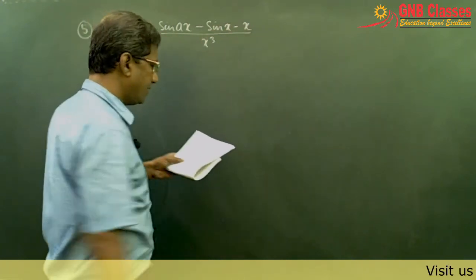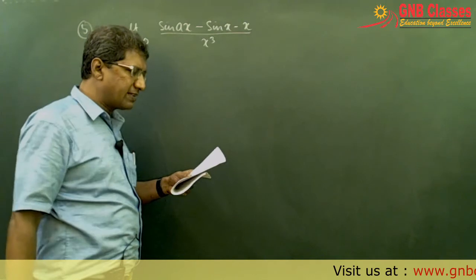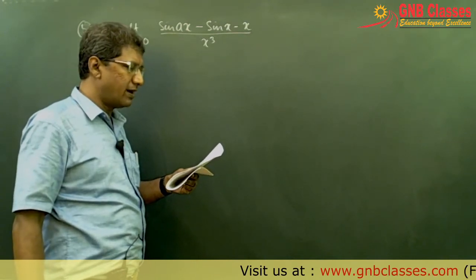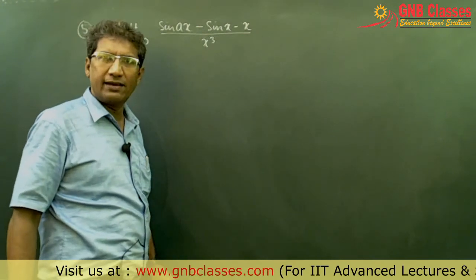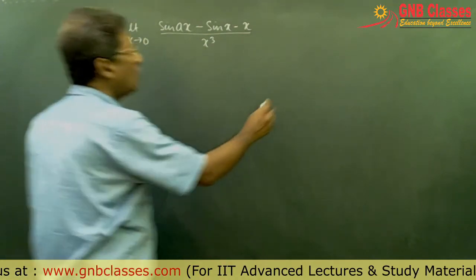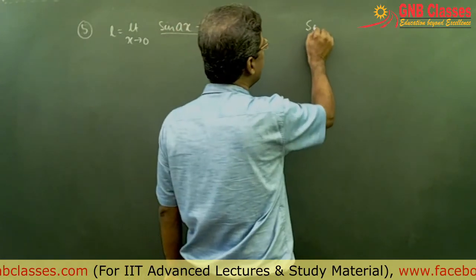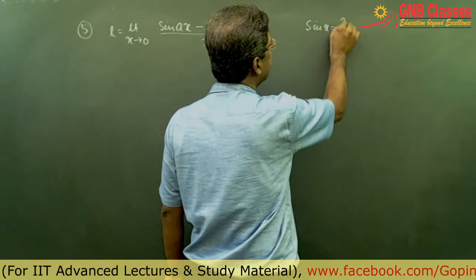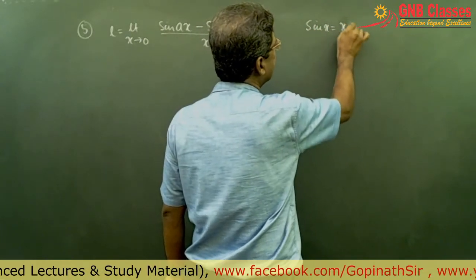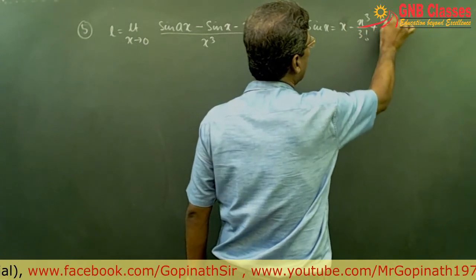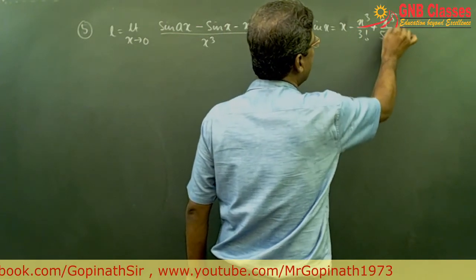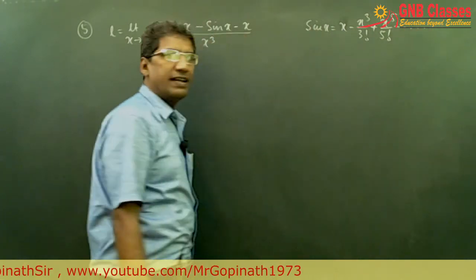And they have said that this limit exists and is finite, then find the values of a and L. Is it clear? Now, we all know that the expansion of sine x is x minus x cube by factorial 3, plus x to the power 5 by factorial 5, minus and so on till infinity. Is it clear?